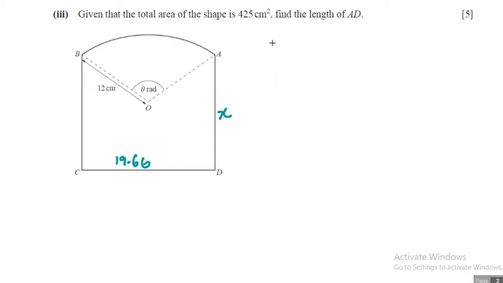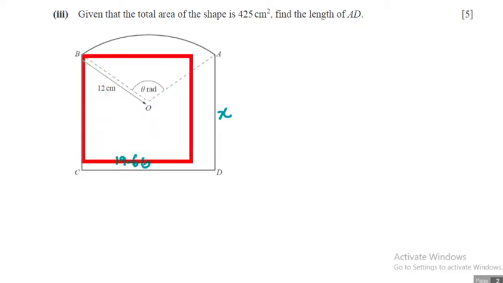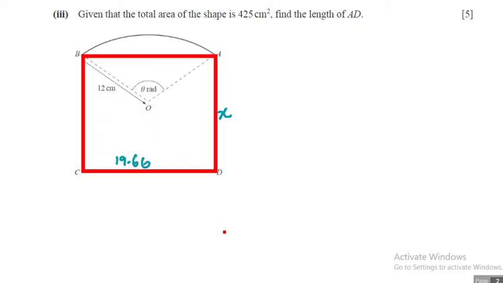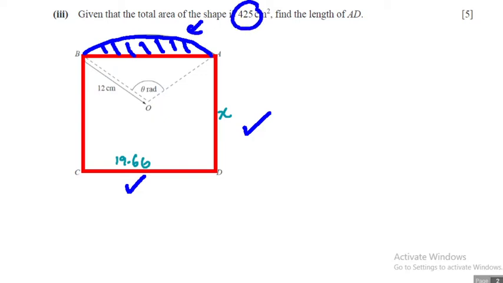Total area: we have a triangle, we have a rectangle here, and if you add this blue part, the segment, that's the total area, right? To find this rectangle is easy. Length times width, 19.66x. And then if you add this segment, that is 425.